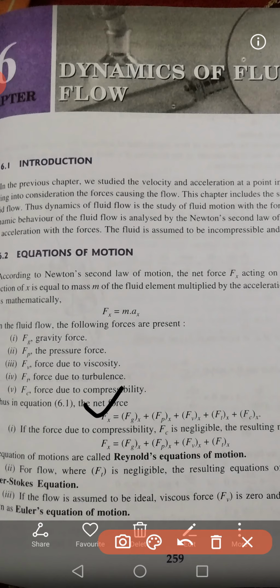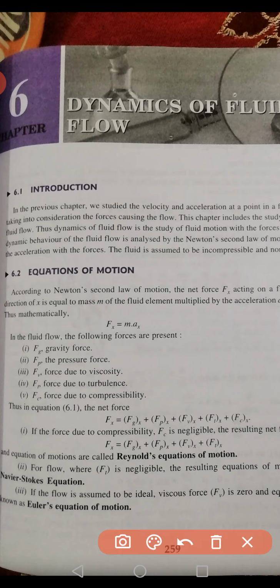If we consider that the force due to compressibility is negligible, then Fc will be equal to 0, and the equation will become Fx equals Fg plus Fp plus Fv plus Ft, and this equation is known as Reynolds equation of motion.